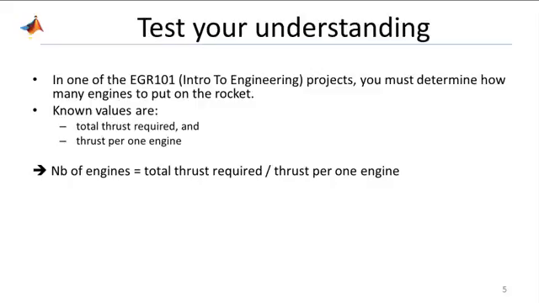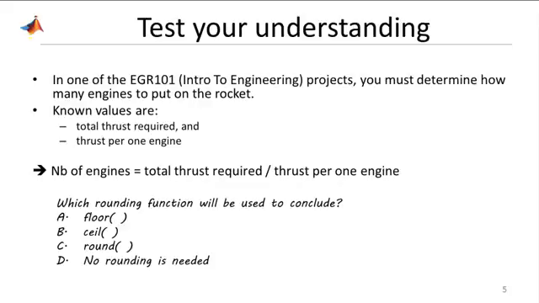So it's a simple division, but which rounding function will be used to conclude? Obviously, you're going to get decimals again. So do you want more engines or fewer engines? Floor, ceil, or round? Or maybe no rounding? Of course, it's going to be the ceiling. You better have more engines than not enough.